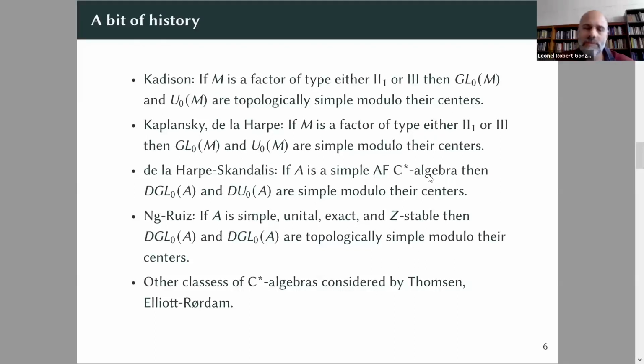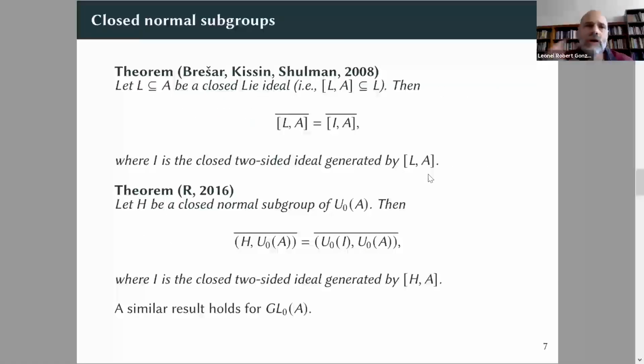Okay, so I will start with the question of what are the closed normal subgroups of the invertibles or of the unitaries. This is a question that one can answer completely, in a sense. Again, we don't need to assume any structure like existence of projections or stability.